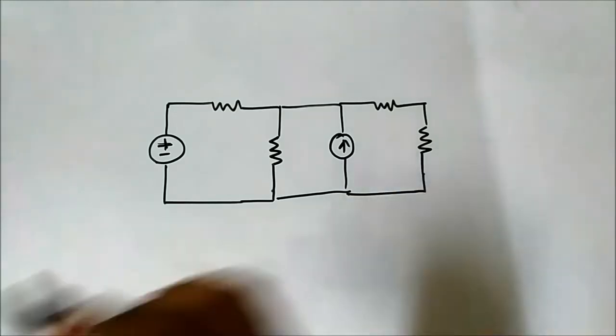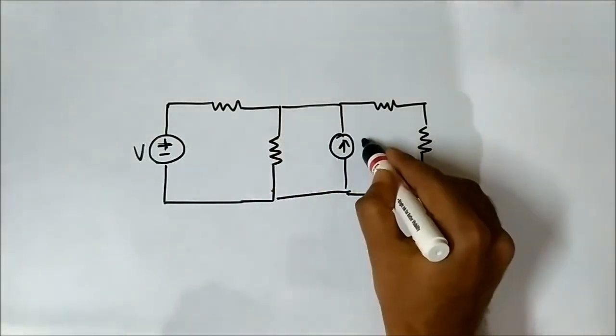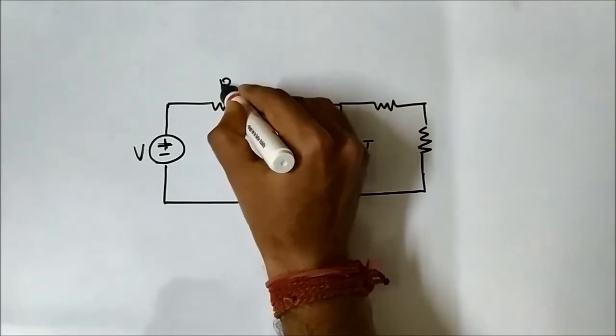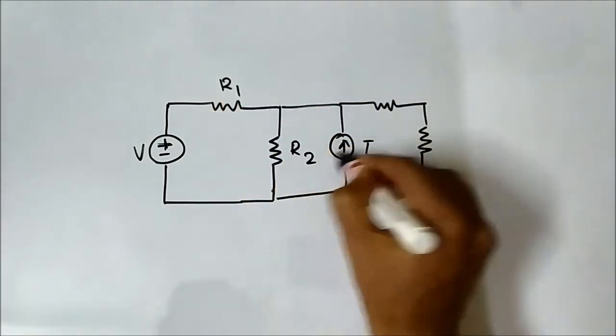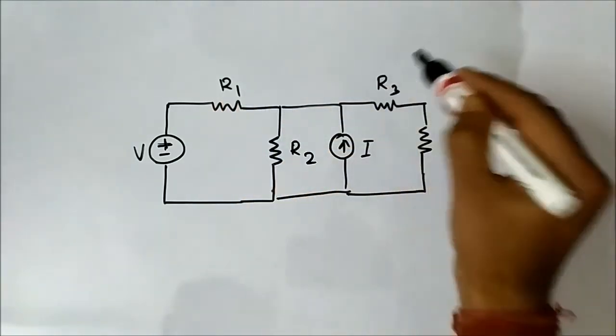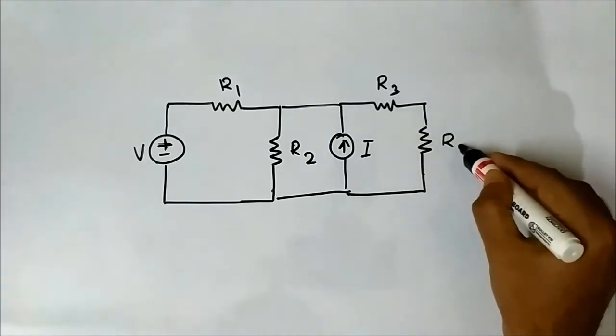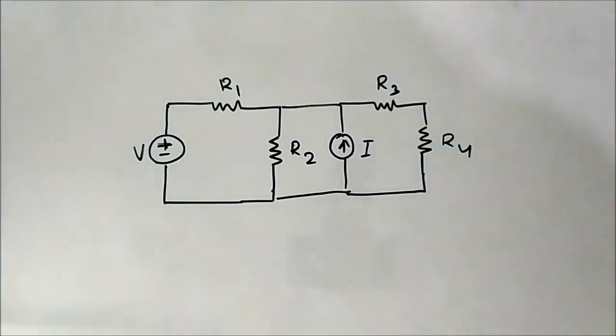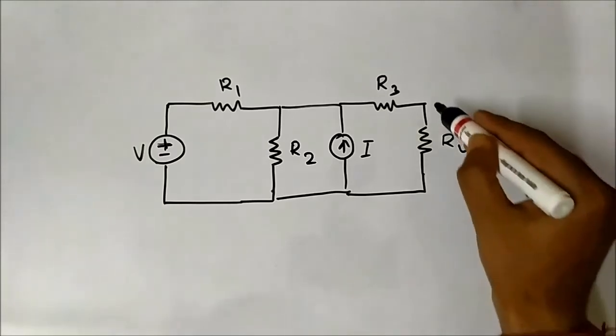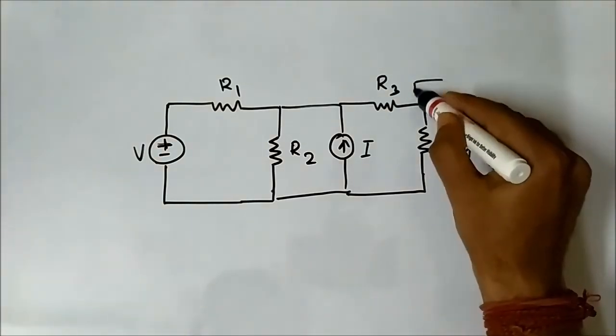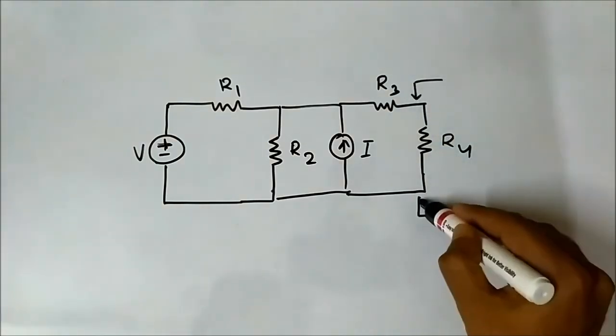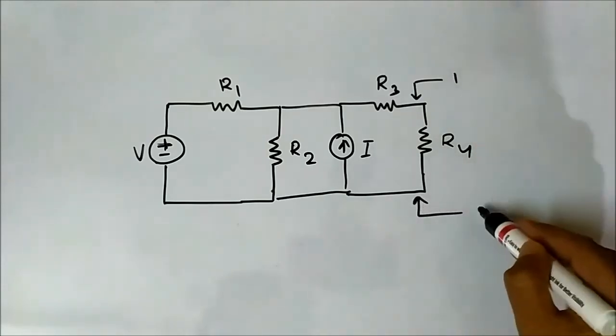Okay, so this is a circuit, R1, R2, R3 and R4. We have a circuit like this. Now let us say we want to determine the Thevenin equivalent across these 2 points, point 1, point 2.